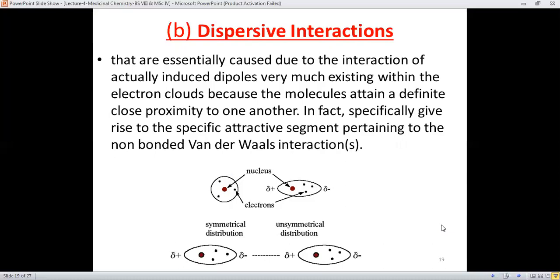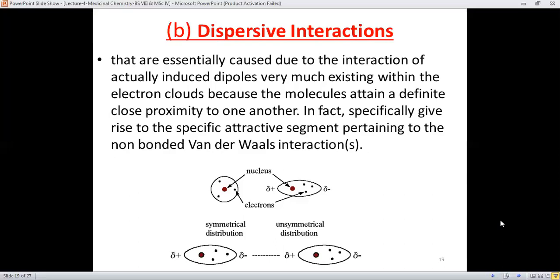Like here is a symmetrical molecule and an unsymmetrical molecule, and dispersive interactions occur because the positive center attracts the negative one, and therefore after these interactions there is an unsymmetrical distribution of the electronic cloud through both these molecules.